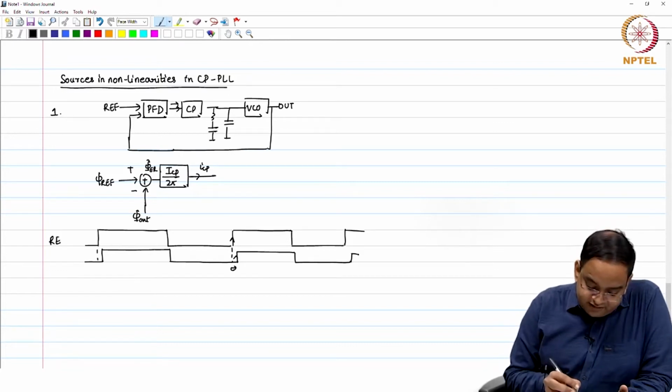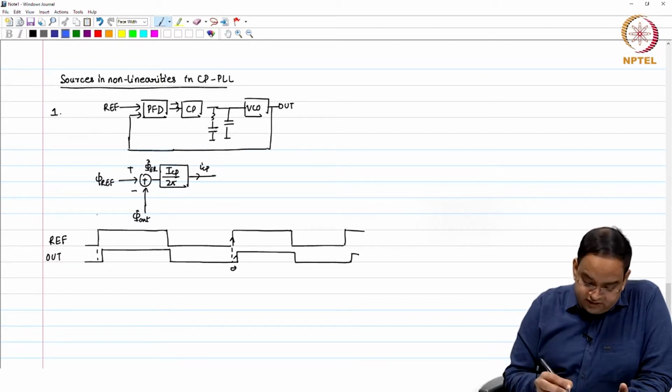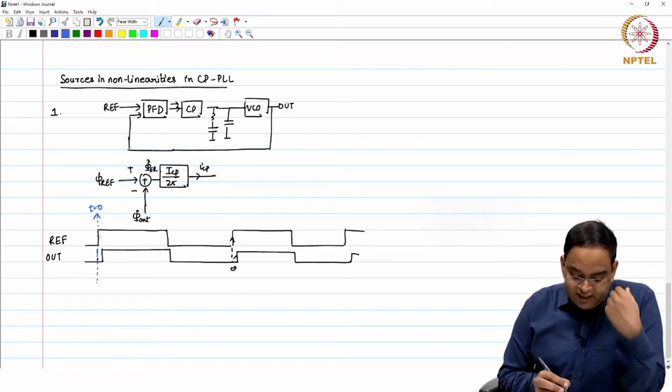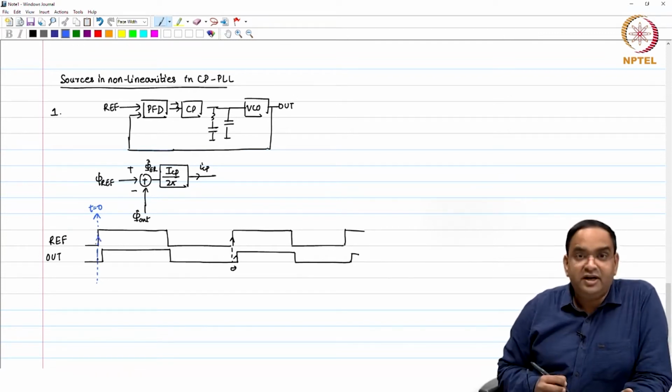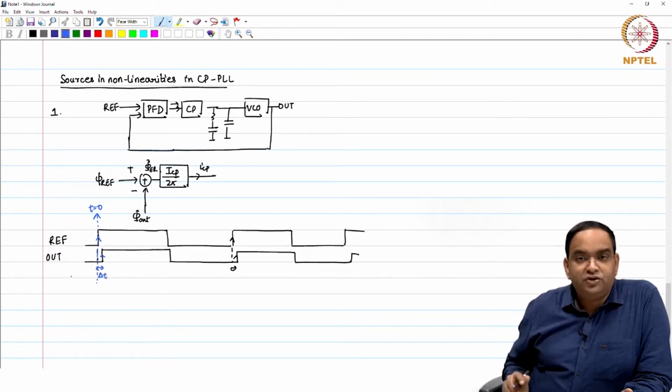So, this is the reference and this is the output. So, consider your time instant at this dashed line as t equal to 0. So, at this time instant you get a rising edge on reference, and after delta t time you get a rising edge on the output.